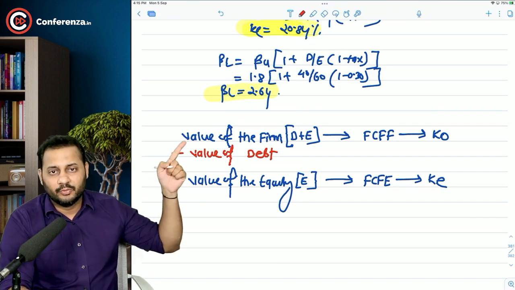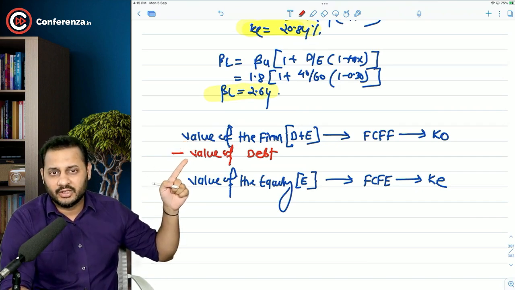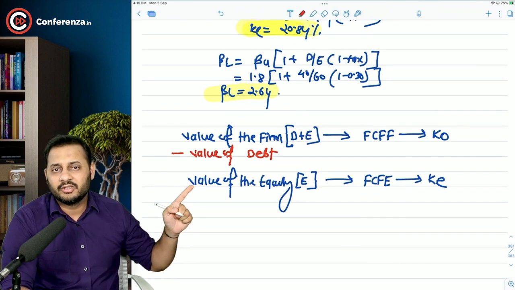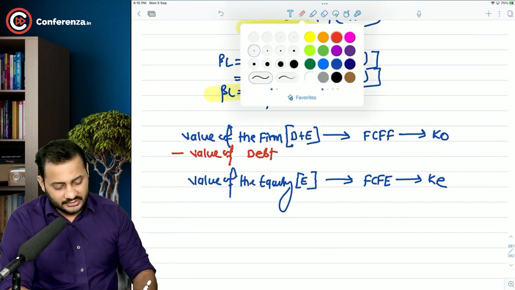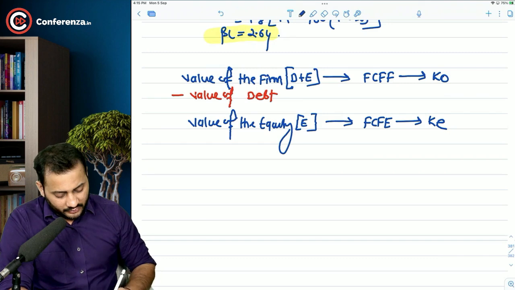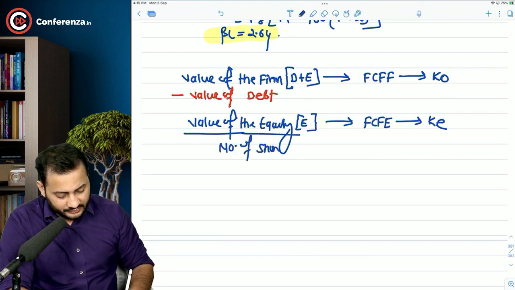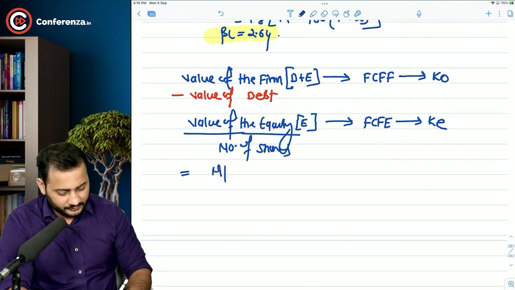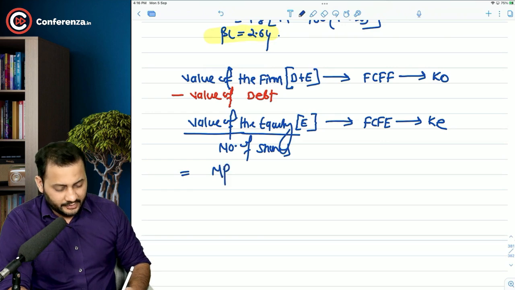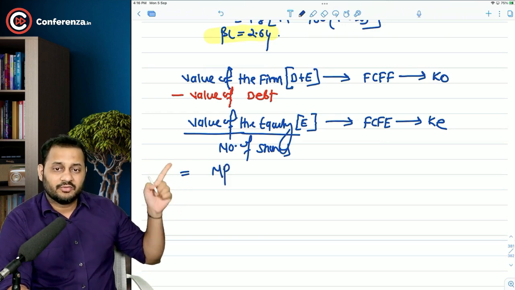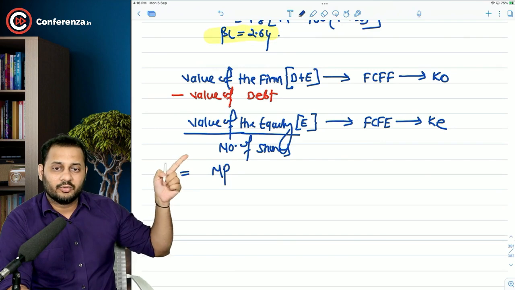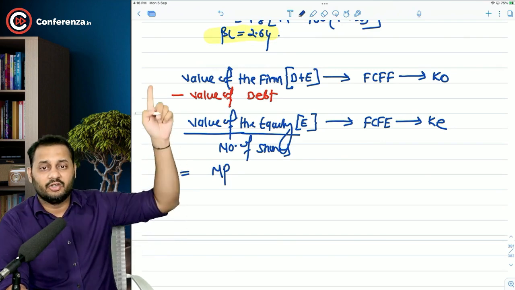If this includes both values and you deduct one, the balance value will be left for the other party. Now, if this is the value of equity, what are you going to do? You are going to divide it by the number of shares to arrive at the market price per share. Am I right? Market price of one equity share can be calculated using the value of equity, not the firm.